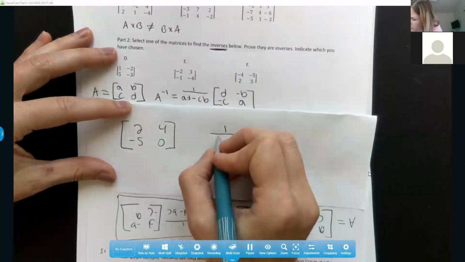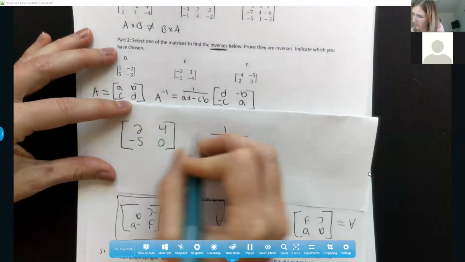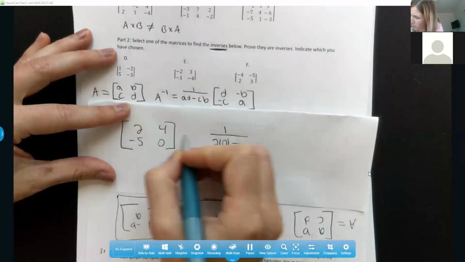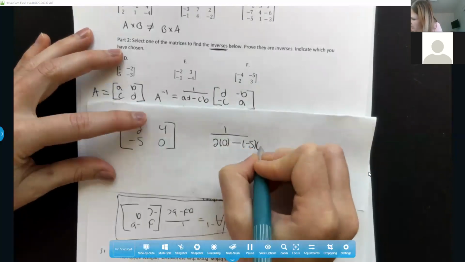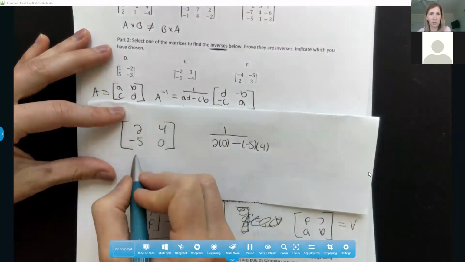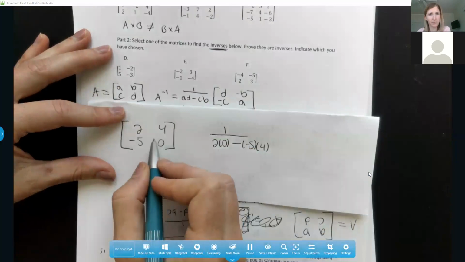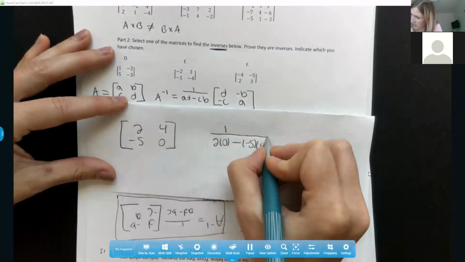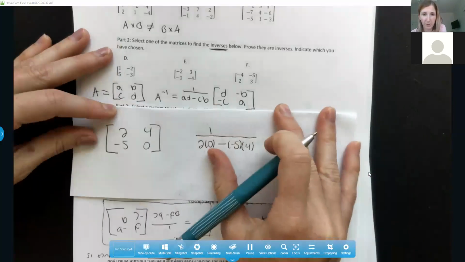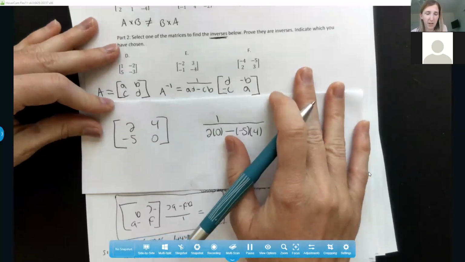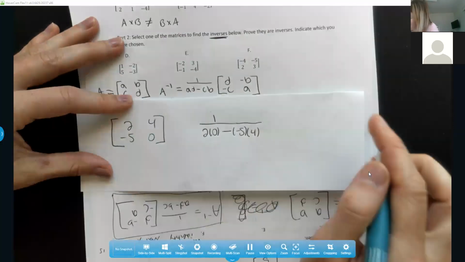Yep, so 2 times 0 minus C times B, which would be 1. I got negative 5 times 4, right? Yes. Okay. I need to write down the formula. I know I had to write it down too. All this matrix operation stuff is a ton of steps.